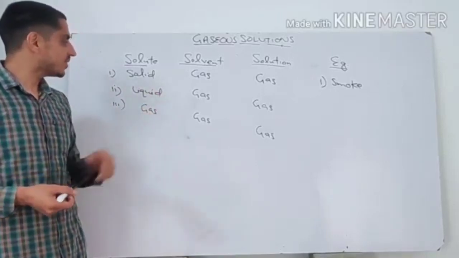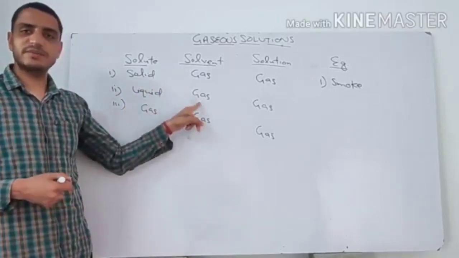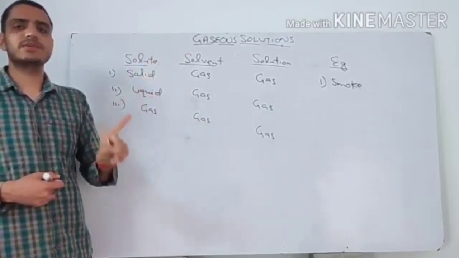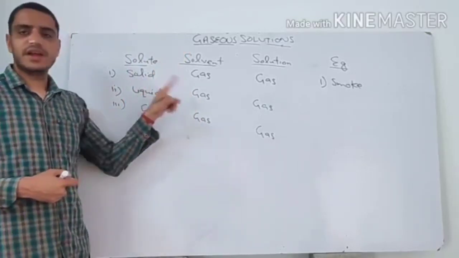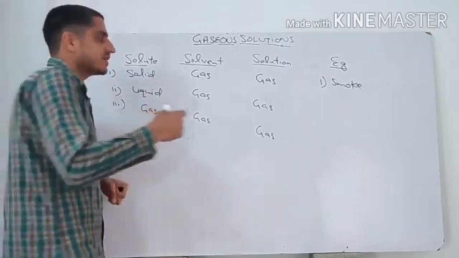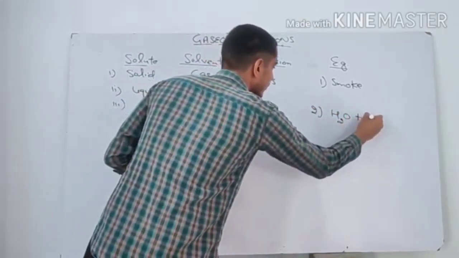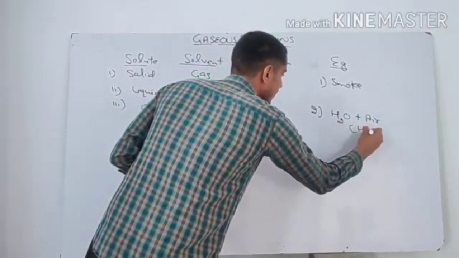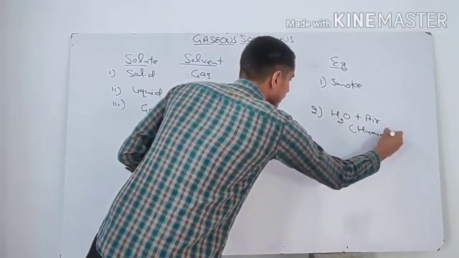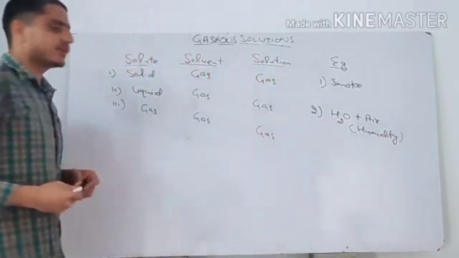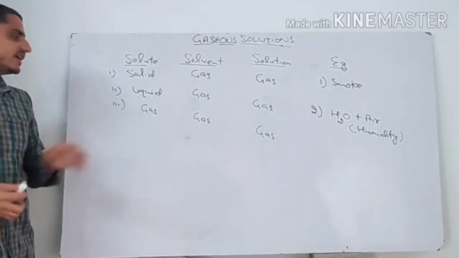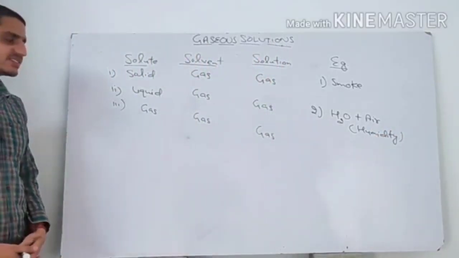So humidity can be the example of liquid mixed in gas. Water vapors are liquid, and this gas is air. So humidity, H2O plus air, can be the example of liquid in gas solutions.